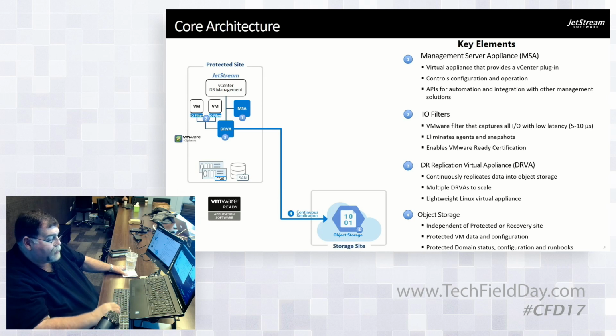We have all the configuration information and other settings that we would configure with the protected domain, including the runbook groups, and that's all contained in the object storage. So at the point where the machine becomes recoverable, we can actually lose everything at the protected site and recover all the protected virtual machines out of this object store.